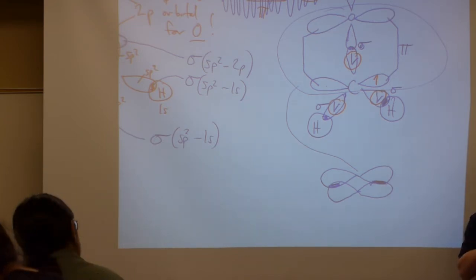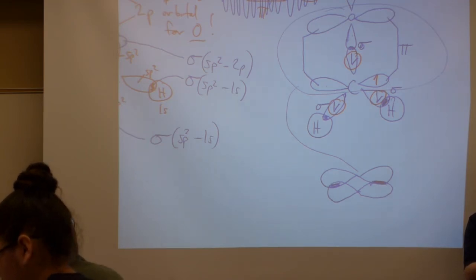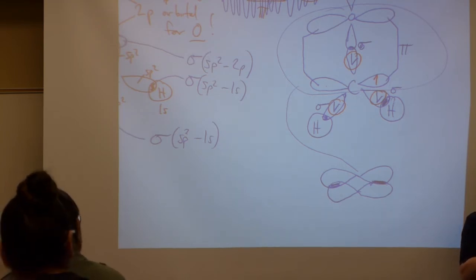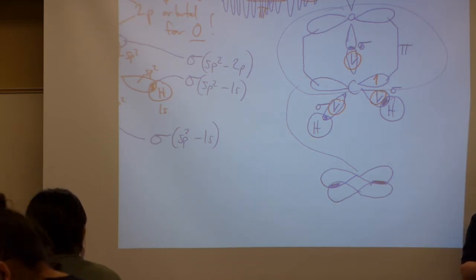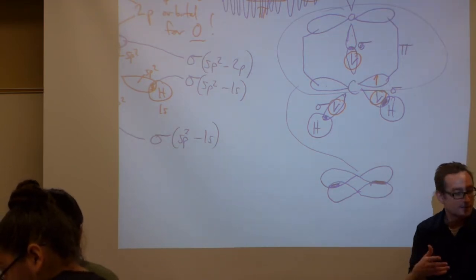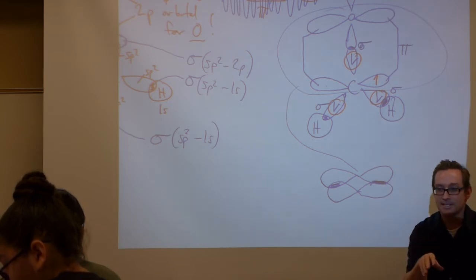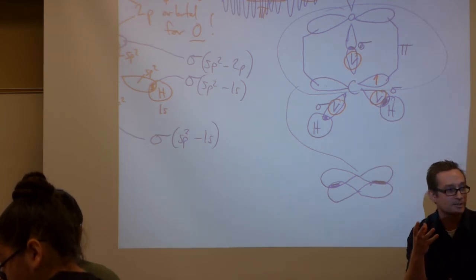The more s character you have in a bond, the stronger the bond is going to be, because the electrons are closer to the nuclei in those bonds. So sp hybridized atoms tend to give stronger bonds than those that are sp3 hybridized, for example. You'll get into that when you get to OCHEM. I'm just kind of throwing it out there to plant a seed that maybe might sprout a year from now.